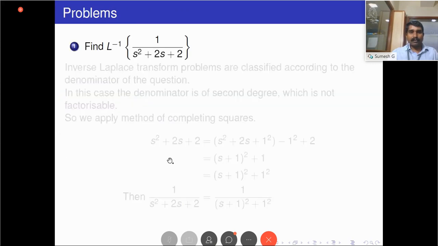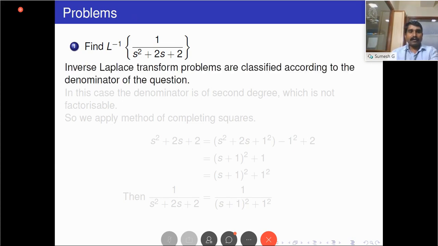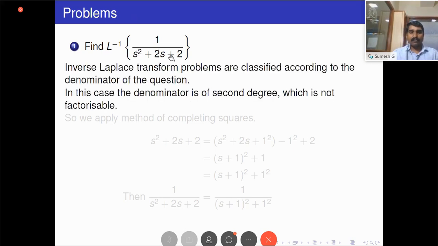First problem, find inverse Laplace transform of 1 by s square plus 2s plus 2. In an inverse Laplace transform question, first we have to look into the denominator of the given question. In this case, the denominator is of second degree.